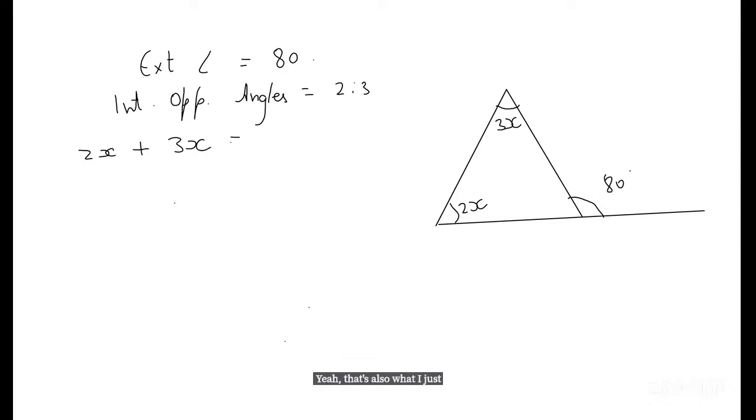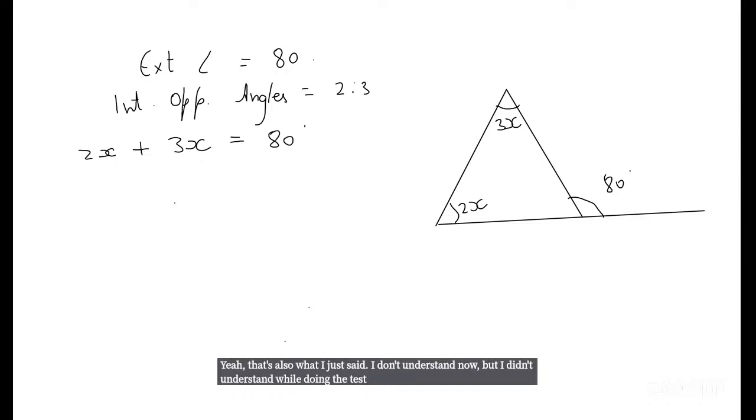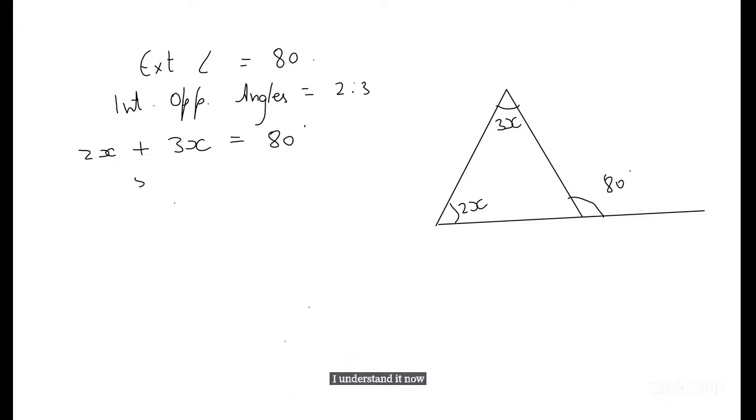I didn't understand it while doing the test, but I understand it now because you taught how to do the quadrilateral chapter. Yeah, right. So it becomes 5x equals 80, so x will be 80 by 5, which is 16.